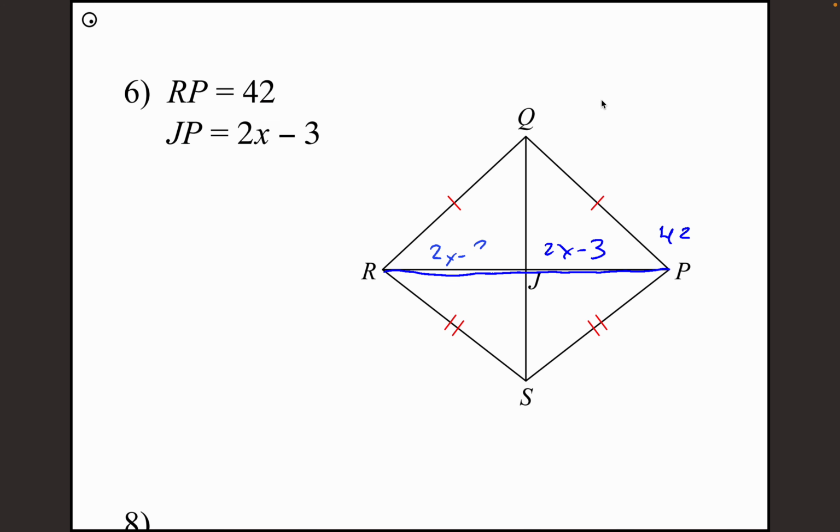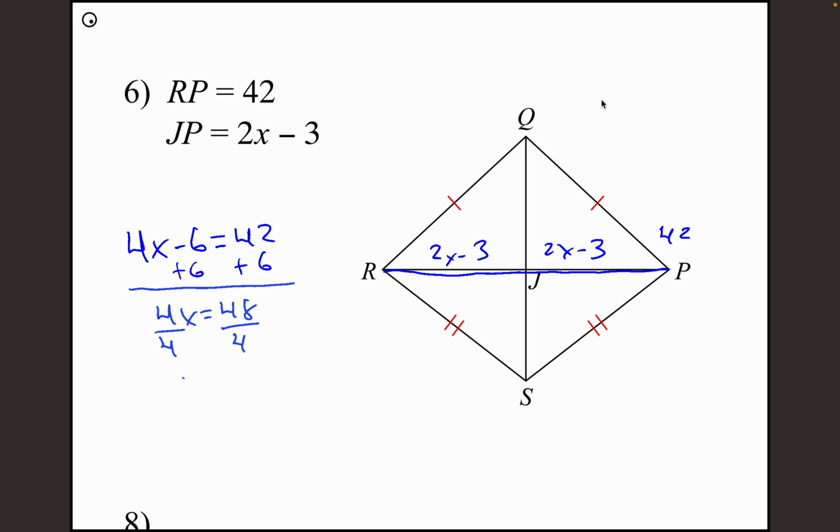It's also going to be 2x minus 3. So if I add this together, we have 4x minus 6 equals 42. You add 6 over, or you could have divided 42 by 2. 4x equals 48, and x equals what? There we go.